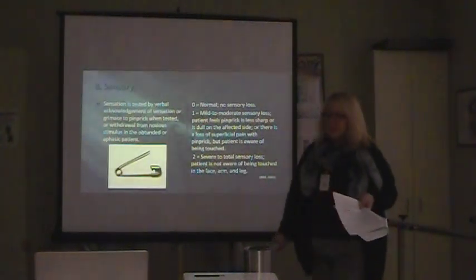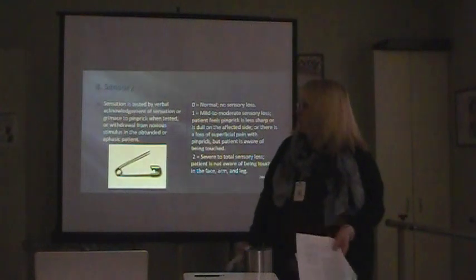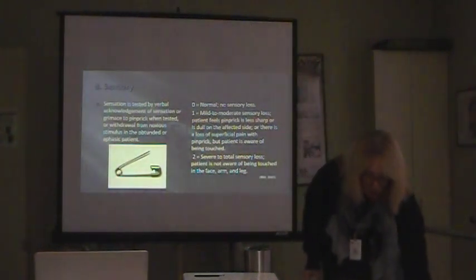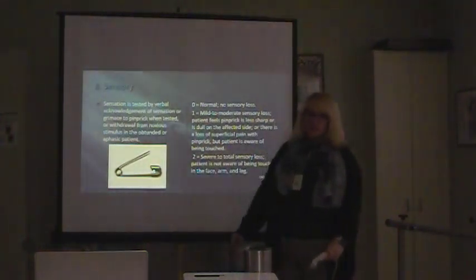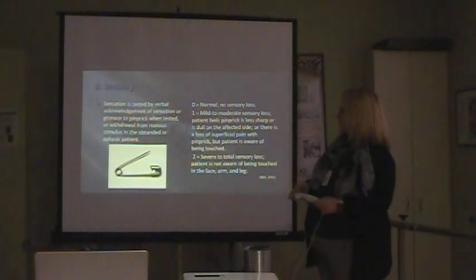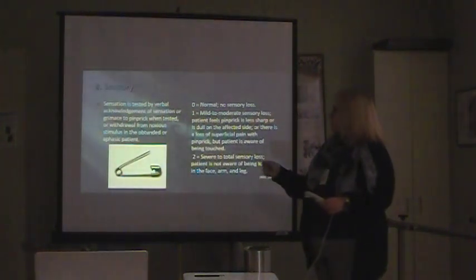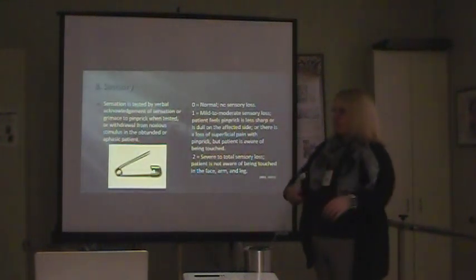So then we move on to sensory. Typically for sensory, I stay away from hands and feet. You should actually be getting a safety pin from the nurse's station desk. We don't have to draw blood with these, they're just for the sharpness of it. Typically I test both sides of the upper arm.